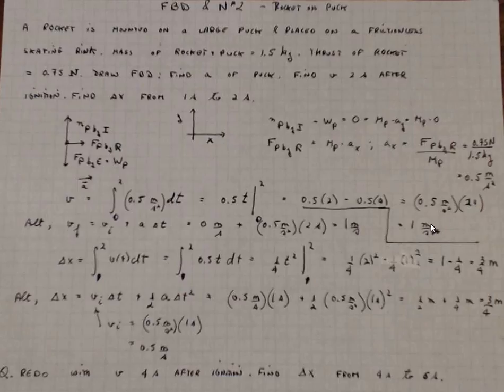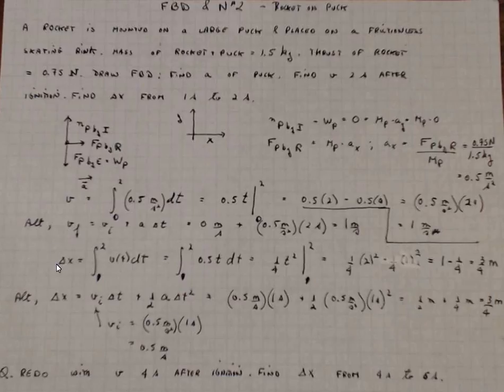In other words, it's 1 meter per second. Alternately, we could use the kinematic equations with constant acceleration, in which case the final velocity is equal to the initial velocity, 0 meters per second, plus the acceleration times the time difference, 0.5 meters per second squared times 2 seconds, which also gives 1 meter per second.